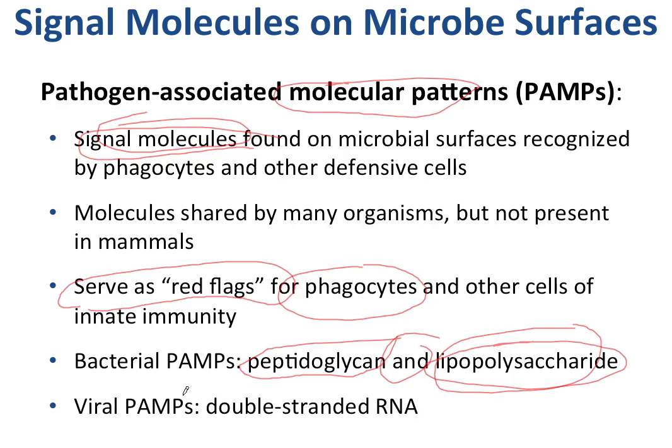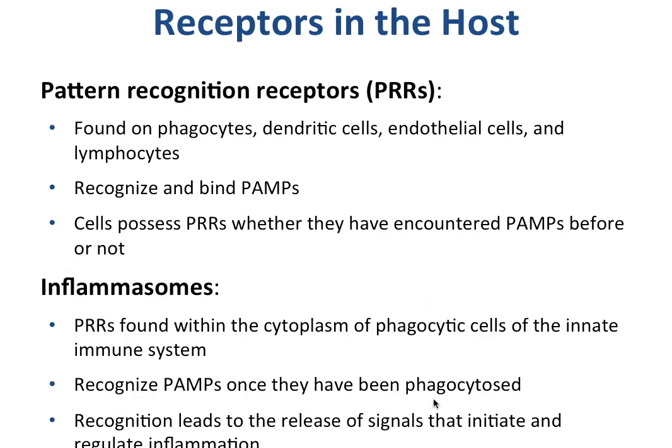Also the viral patterns such as double strand RNA, because in human we don't have double strand RNA, we only have single strand RNA. So if the immune cells recognize double strand RNA, that's a molecule from a microbe.